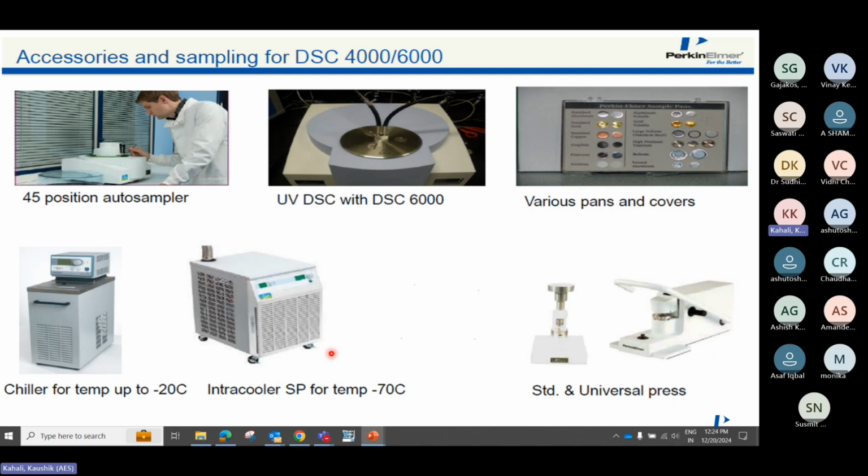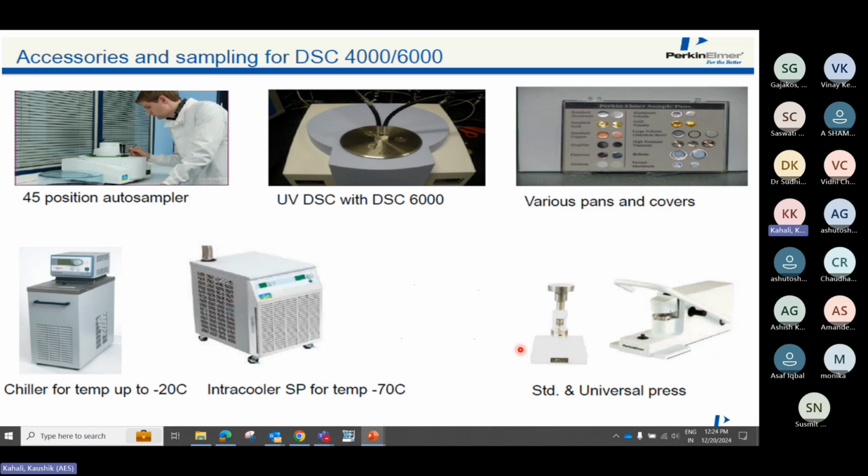The first heating gives you the glass transition and melting temperature. In the cooling part, you can see the crystallization temperature, and in the next heating, for curing studies and other things, you can see whether the curing has been done or not, and whether additional exothermic peaks are coming or not. For that analysis, the next heating is observed. So for those, you need controlled heating and cooling for all the steps.